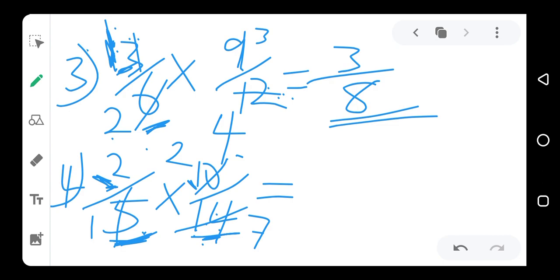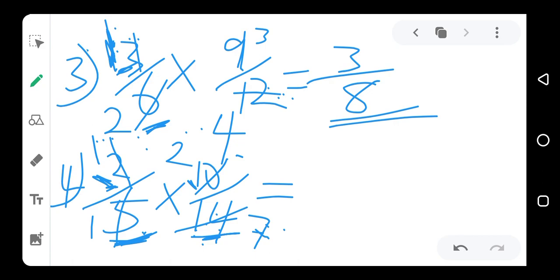Then 2 divided by itself, we get 1. So we check again. We have 7 this side. Is there anything that can divide 7 and divide something on top? We have 1 on top and 2 on top. There's nothing that can divide 7 and divide 1, and there's nothing that can divide 7 and divide 2.